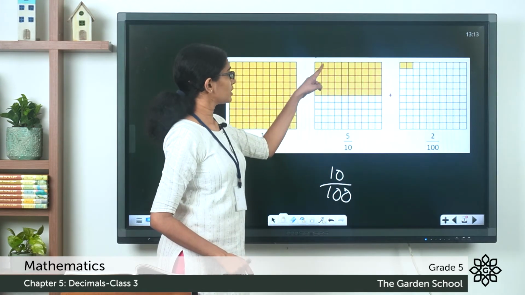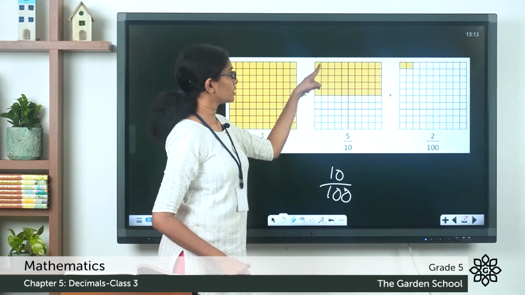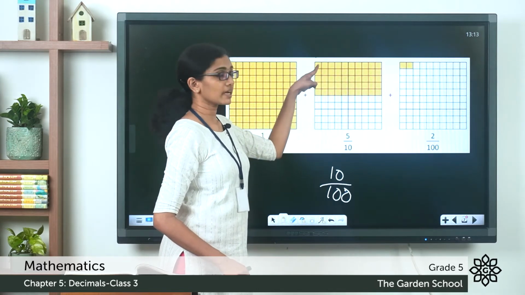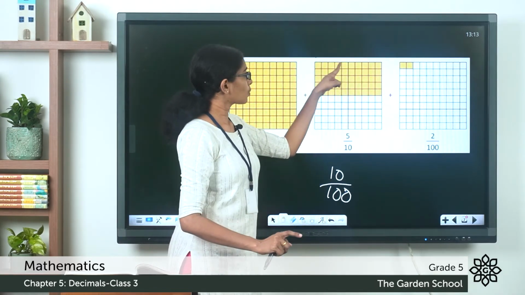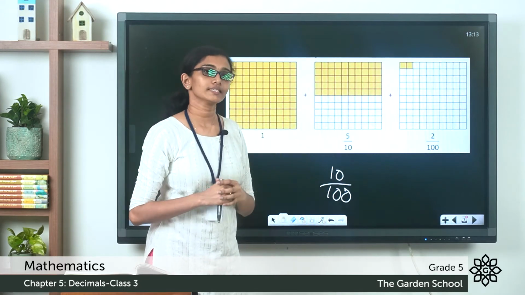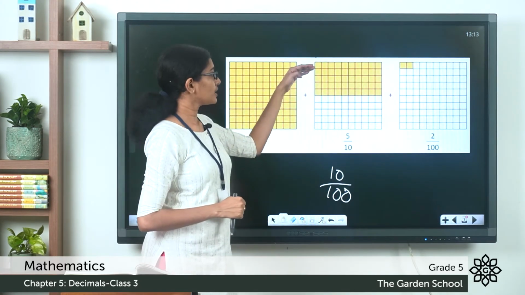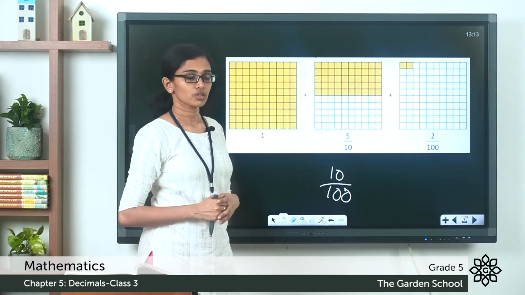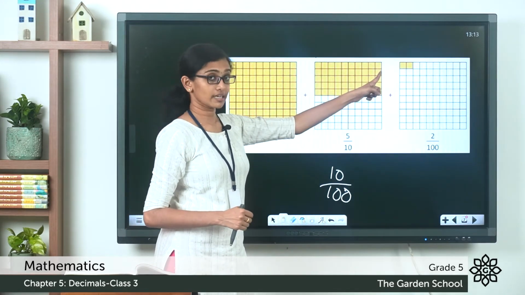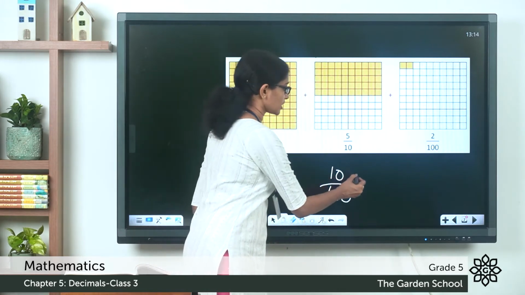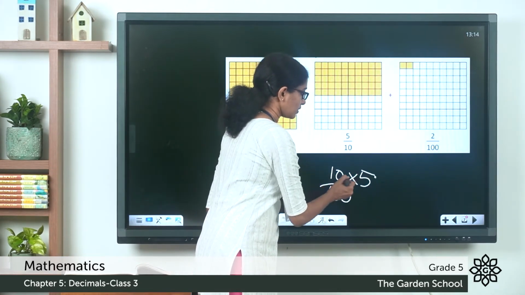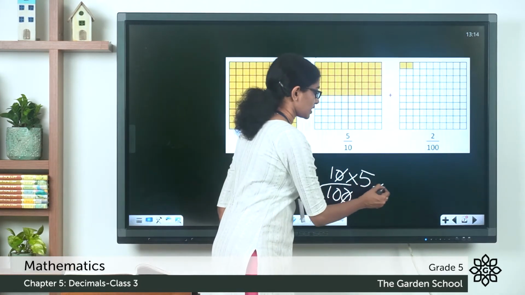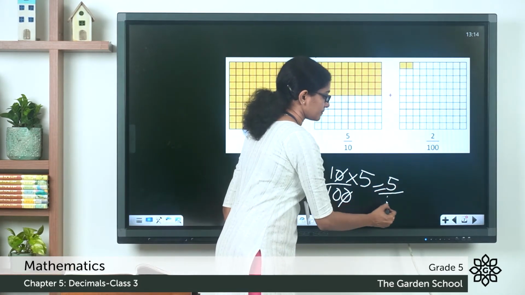It's 1 by 100, 2 by 100, 3 by 100, 4 by 100, 5 by 100, 6 by 100 and it goes on, and one whole row equals 10 by 100. And you have how many such rows here? 1, 2, 3, 4, 5. So, one row is 10 by 100 into 5 such rows. So, cancelling out the common factors, it is 1 by 10 into 5, which is equal to 5 by 10.